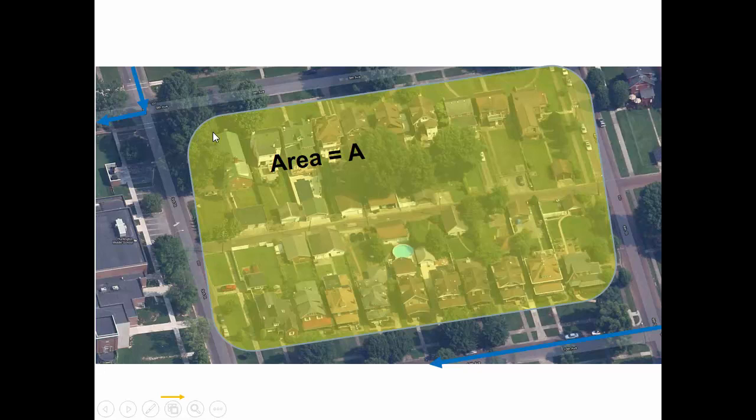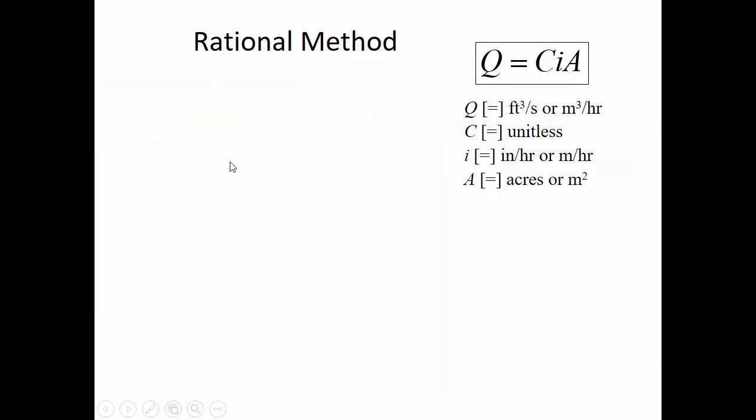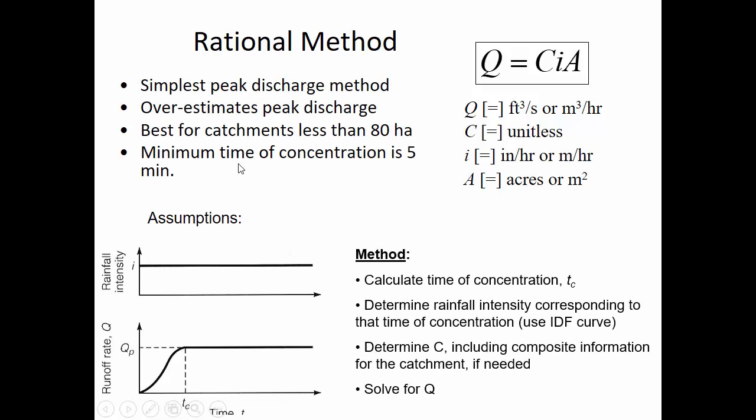And that furthest away travel time is the time of concentration that you use in the method, where you first of all know the time of concentration, and then you take it to an intensity, duration, frequency curve to find out what rainfall intensity should be used in the equation. So you delineate the area, you identify the applicable rainfall intensity, and then you compare the area to tables.